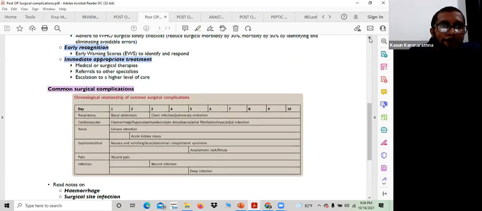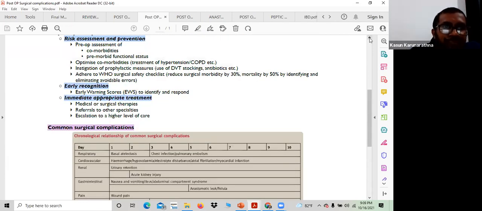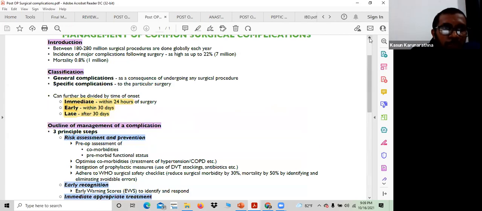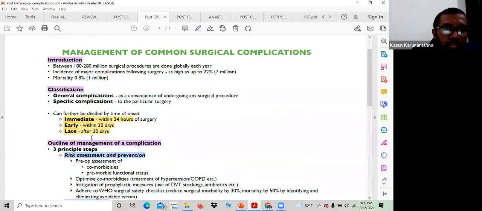Post-operative complications are usually classified according to the time of onset: immediate, early, and late. Immediate means complications which arise within the first 24 hours after surgery. Early complications arise within 30 days, that means from day 2 to day 30.